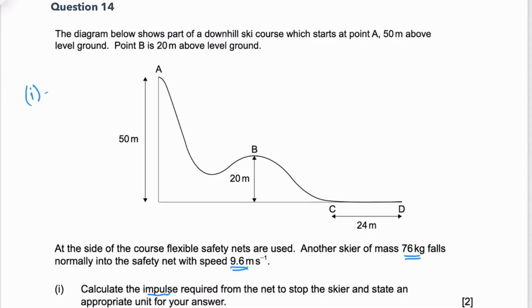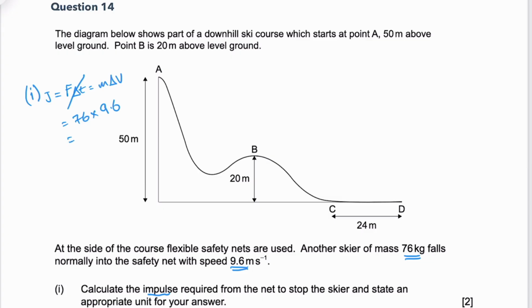We'll do this up here. We're looking for impulse. J equals F delta T equals M delta V. We don't have that information, but we do have the mass of the skier, which is 76, and we do have the change in speed because we know they're going to go from 9.6 metres per second down to 0, so 9.6.